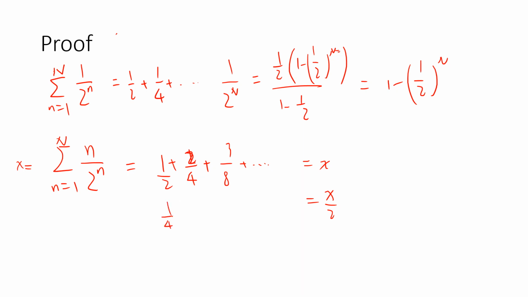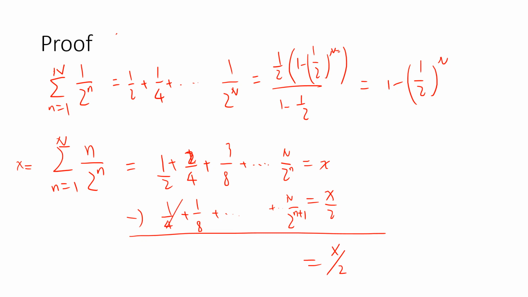Then we subtract, so we have x over 2, and this term cancels. So this is 1, this is 1, this is 1. Basically we have 1/2, 1/4, 1/8 up to 1/2 to the n, plus terms in 2 to the large n and 2 to the large n plus 1.